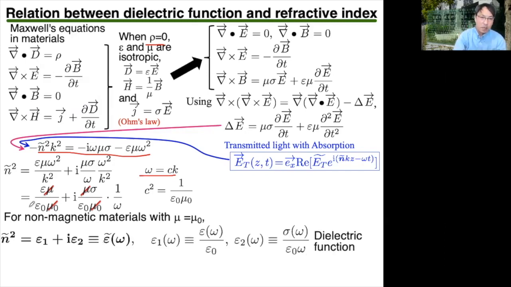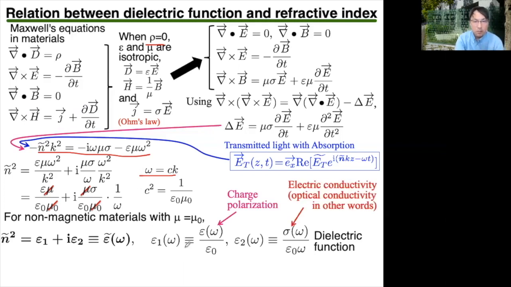Then we get the relation between the complex refractive index and the so-called dielectric function epsilon tilde, defined as epsilon 1 plus i epsilon 2. Here, the real part of the dielectric function stands for the charge polarization, which is the same as that for the static case of omega of 0.